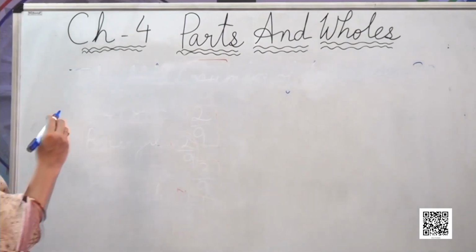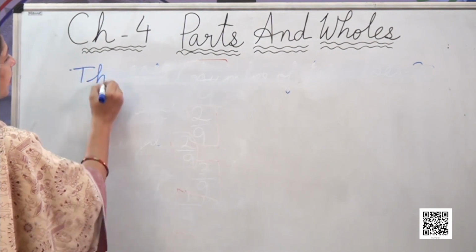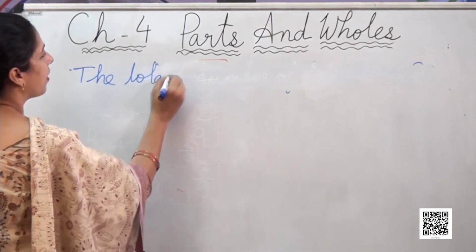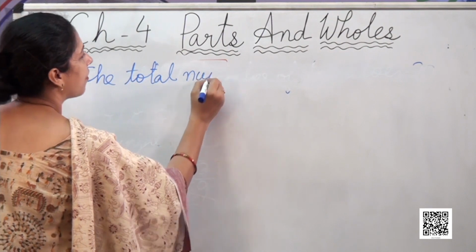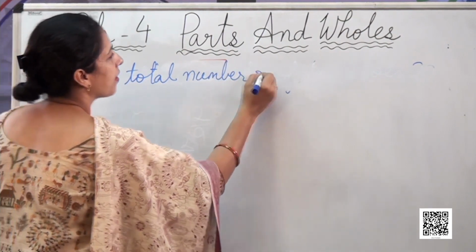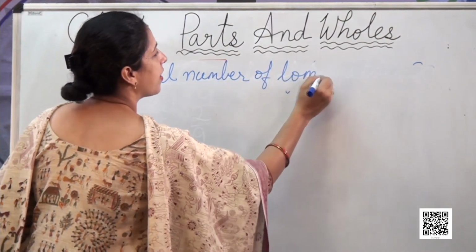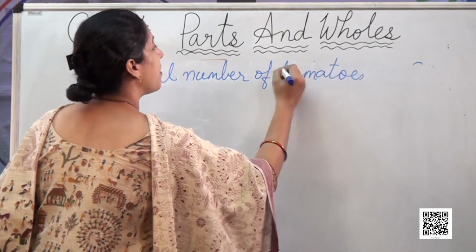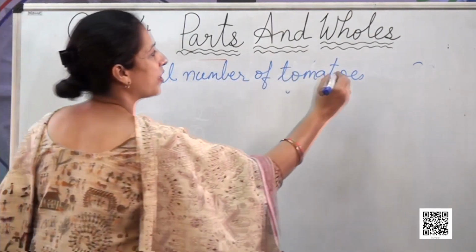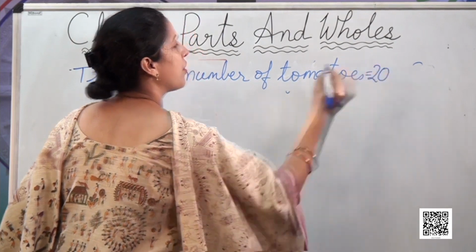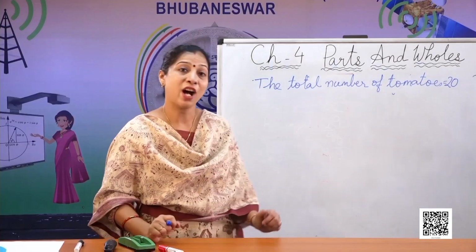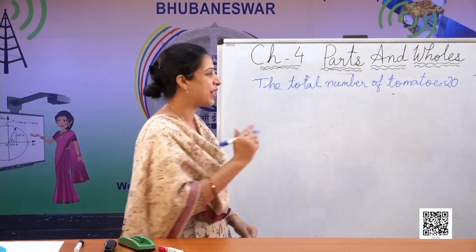So let me just write down the total number of tomatoes. I think you must have finished counting. So the total number of tomatoes is 20. And how many total number of potatoes are there?